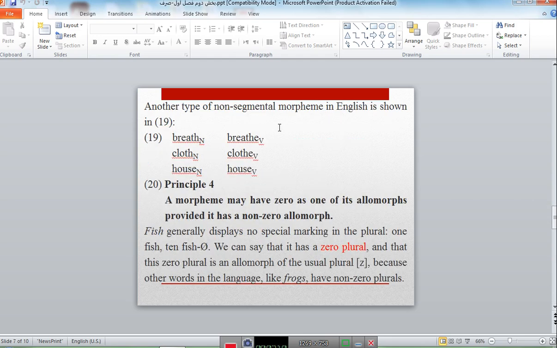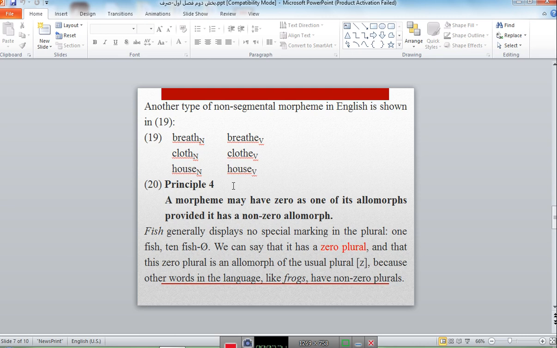Another type of non-segmental morpheme in English is shown in this example: breath as a noun, breathe as a verb; cloth, clothe; house, house. In each pair, the noun ends in a voiceless fricative, s or th, while the verb ends in a voiced fricative, th or z.